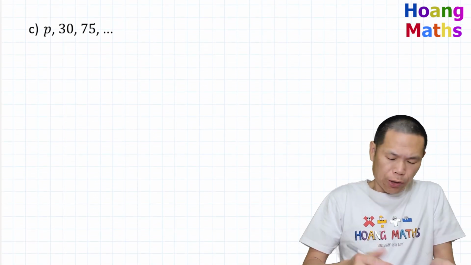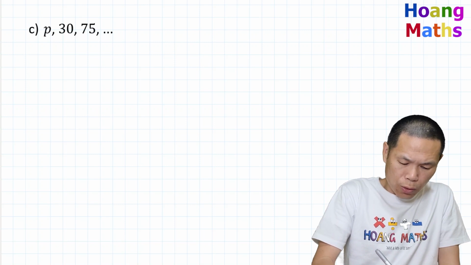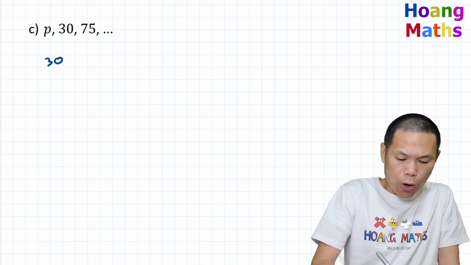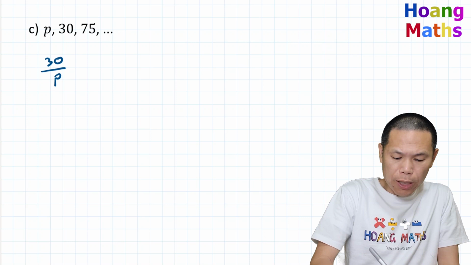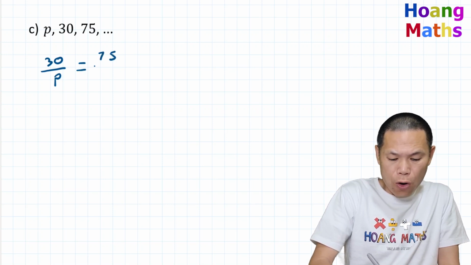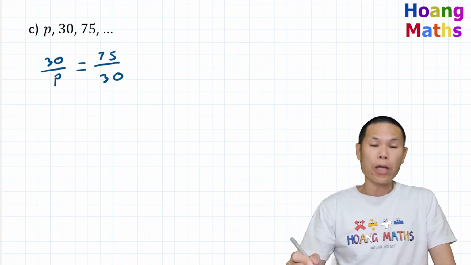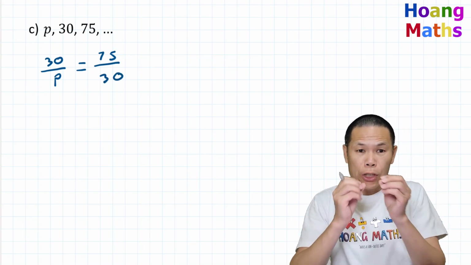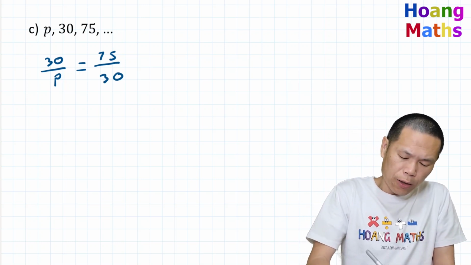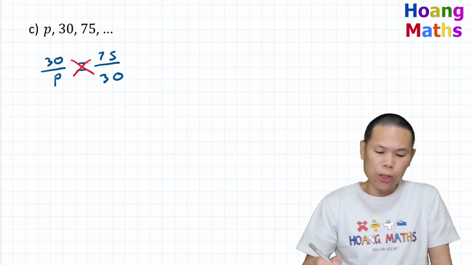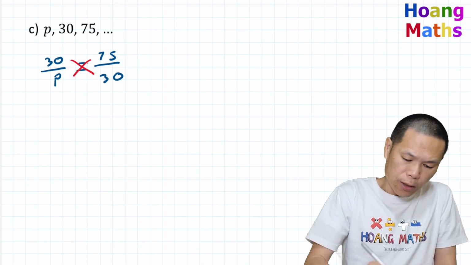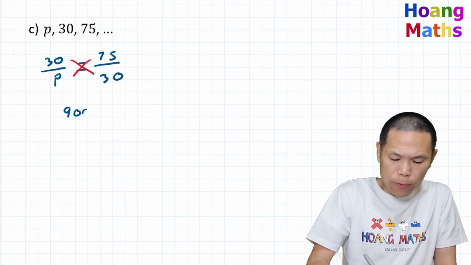Part C. So we know that term 2, which is 30, over term 1, that is P, is equal to term 3, that is 75, over term 2. Term 2 is 30. So there you go. So what I do now is I just cross multiply, solving these equations. So 30 squared is 900.